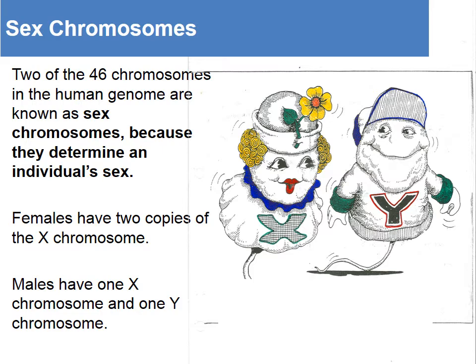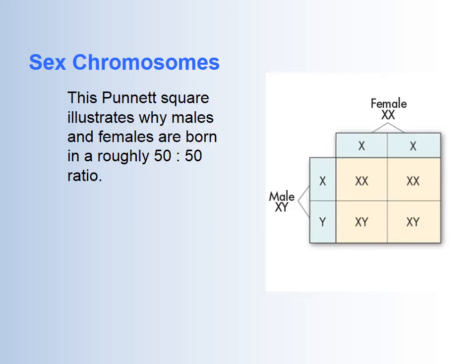Females have 2 copies of the X chromosome, and males have 1 X chromosome and 1 Y chromosome. So a female's gametes, or eggs, will always have an X chromosome in them, and a male's sperm will have either an X or a Y in them.